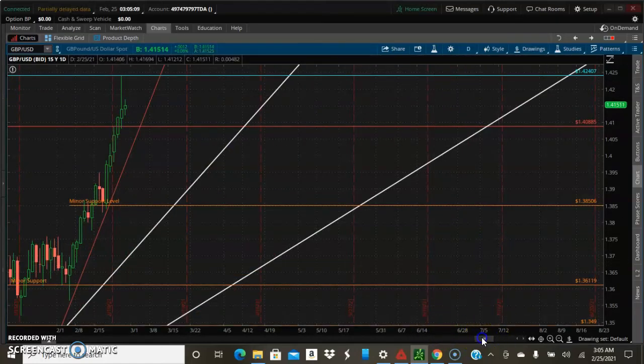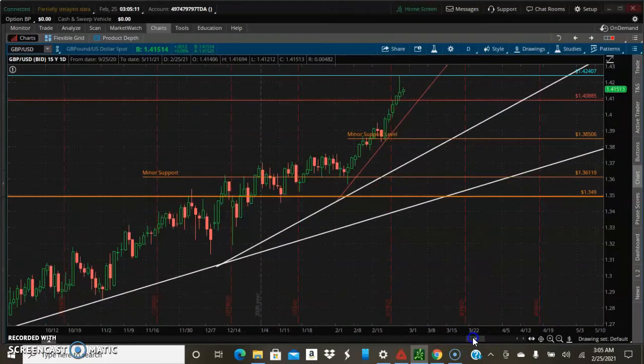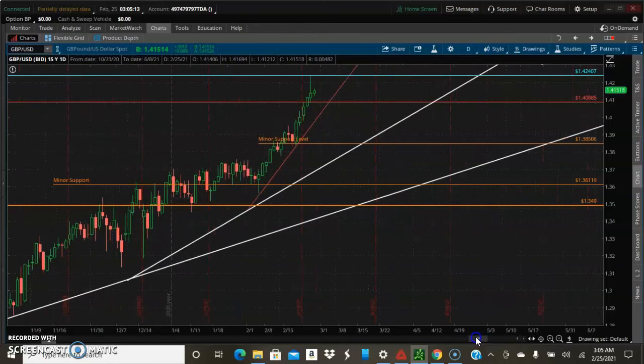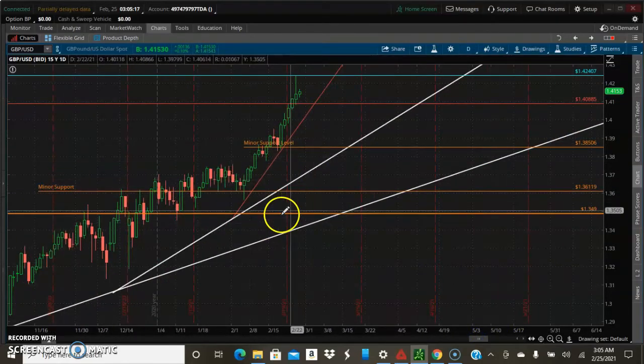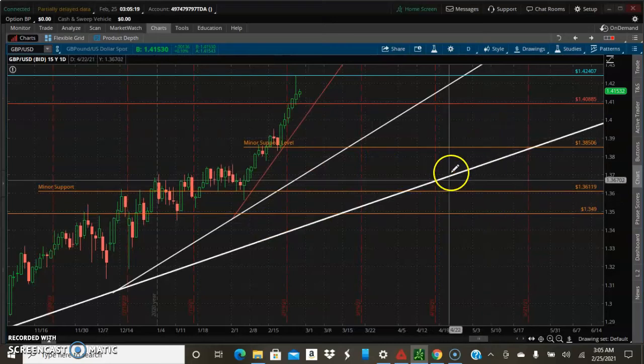One thing y'all see now, our chart is coming together with a little bit of old minor support levels. Boom, boom, boom. We got that.